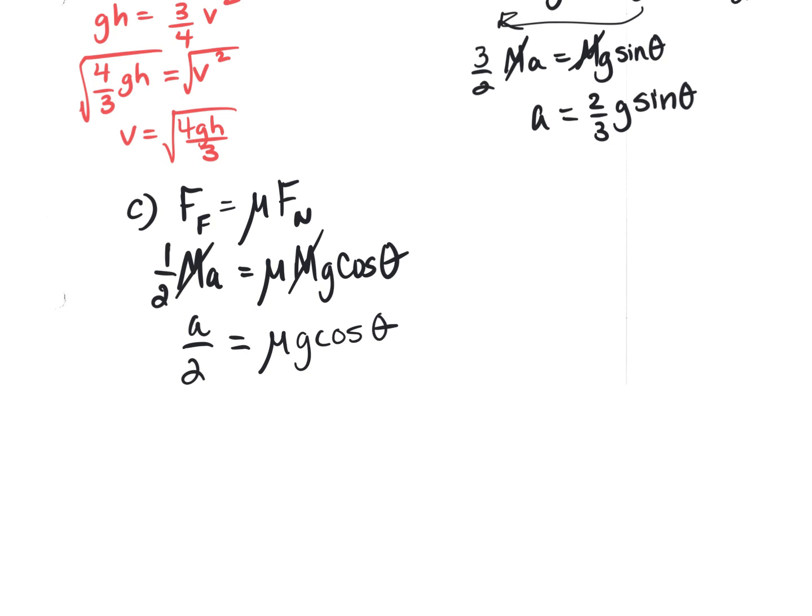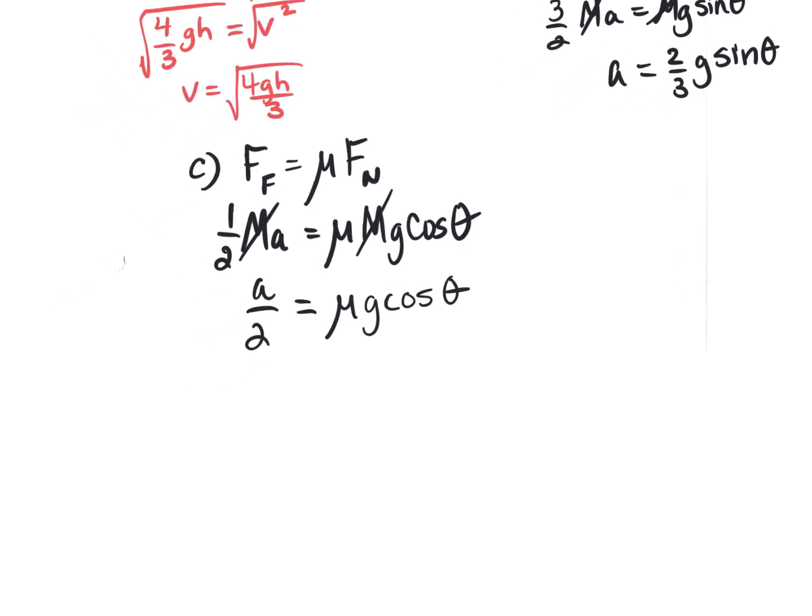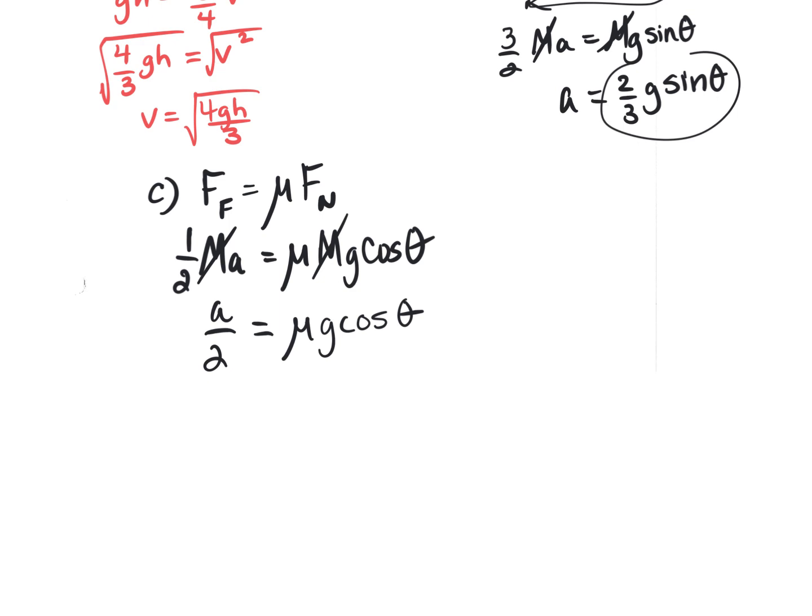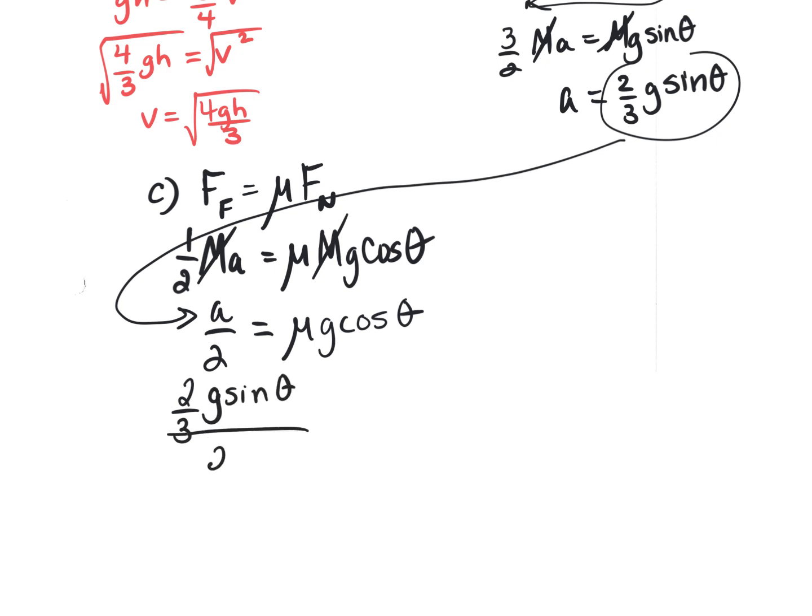Do we know a? Oh, we know a, don't we? a is 2/3 g sine theta. Cool. So we're going to take this and plug it in right here. 2/3 g sine theta over 2 equals mu g cosine theta.